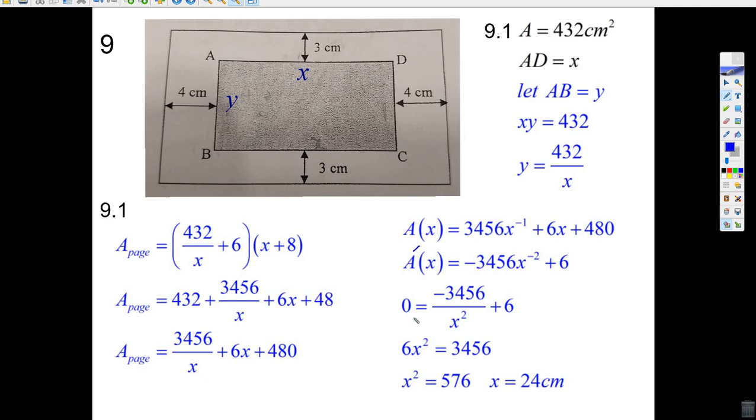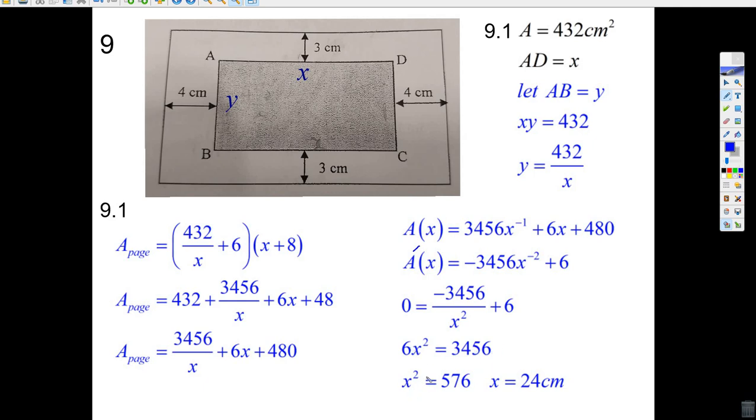If we make this 0, that's where the extreme would be, the X value that will give us the answer. So all we have to do is multiply everything by X squared. We get 6X squared equals 3,456.